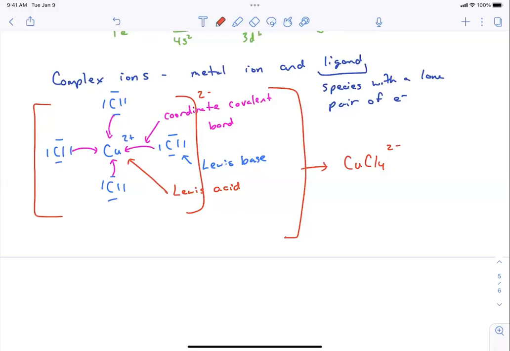So chloride is Cl minus, chlorine is Cl neutral. What about Cl plus? There's no such thing, but I guess it would be like chlorium, because usually positive ions end in IUM. Yes. Yeah.